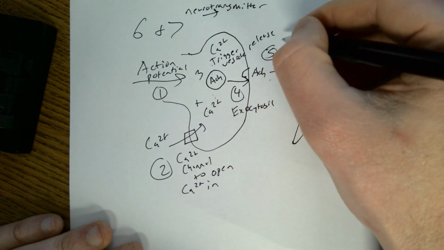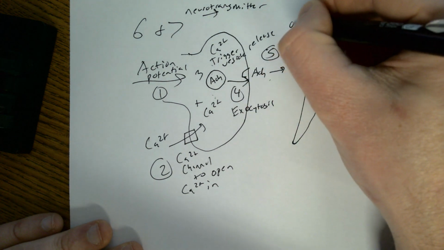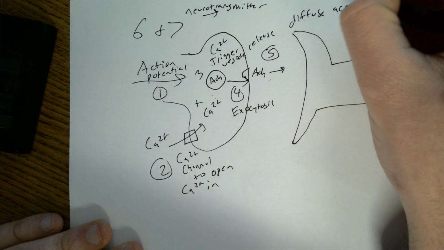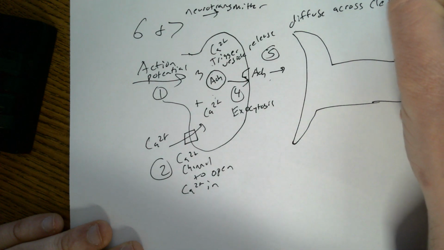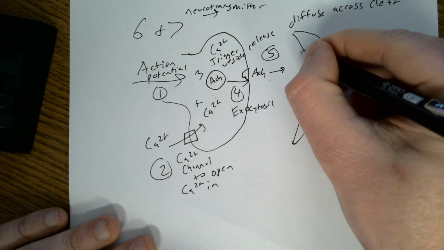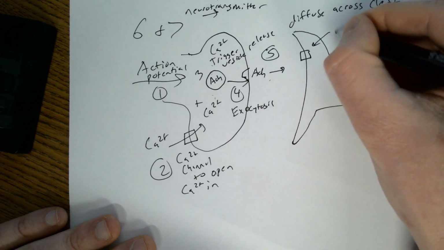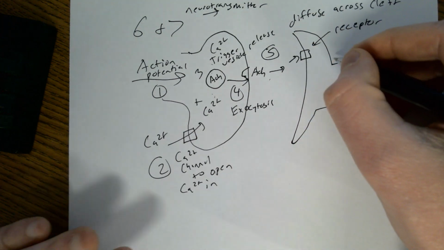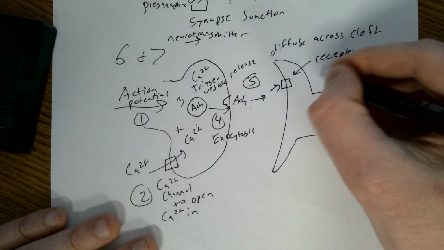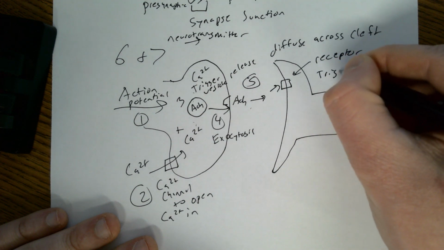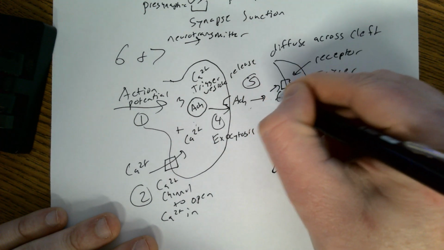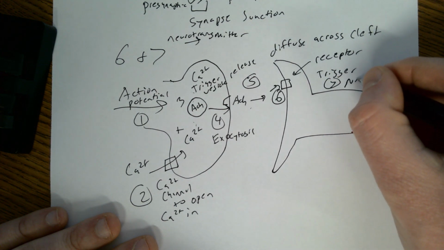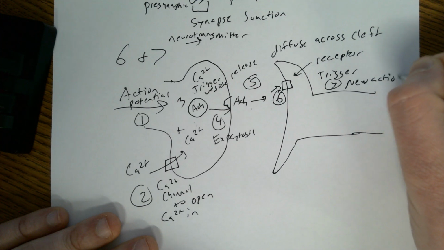Now, starting on standard 7, the neurotransmitter will diffuse across the gap, or cleft, and it will bind to a receptor here. Step 6 is bind to the receptor, and then step 7 is trigger a new action potential.